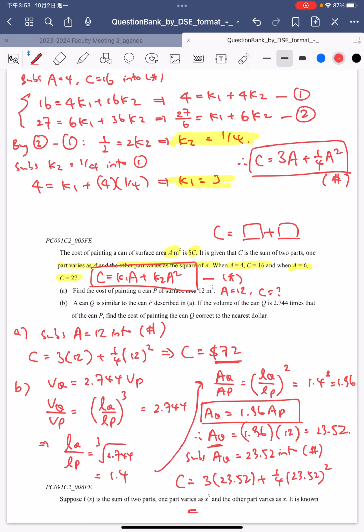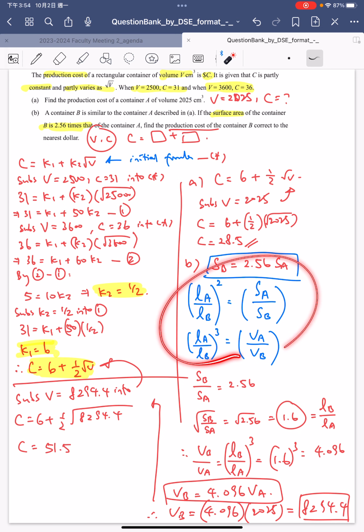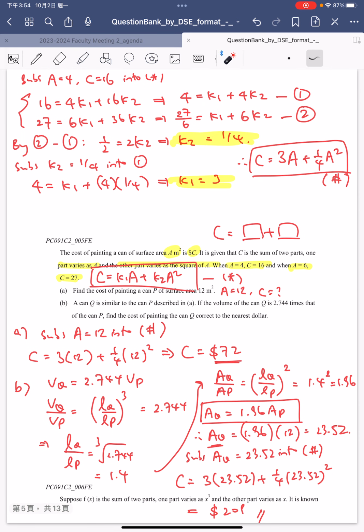Then use your calculator, you can get the whole thing is equal to, to three significant figures, $209. It's a little bit hard, but please bear in mind that you understand how to use this formula. Is that okay? So that's for question 5.